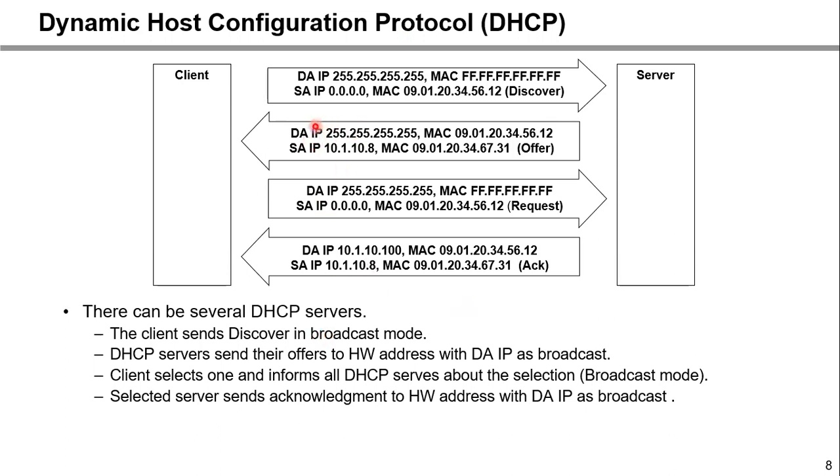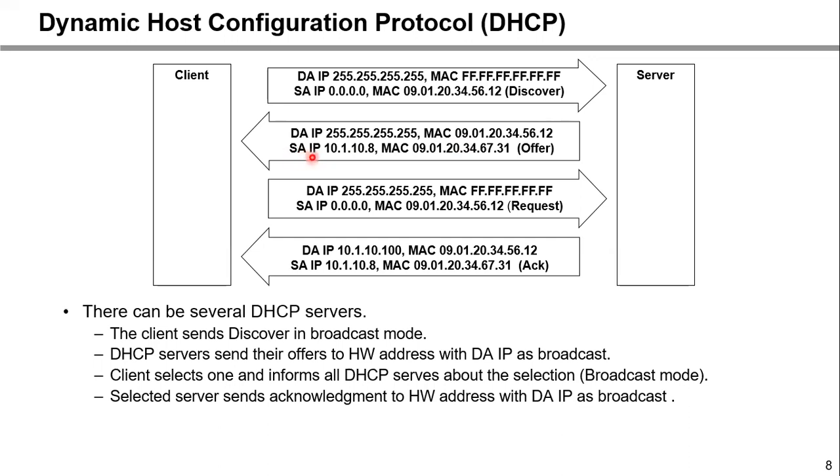Up till now, the DHCP server is not assigning any IP address to the client, so the server cannot mention the destination IP address. So it mentions the source MAC address and destination MAC address, and also the server's IP address as the source IP address.